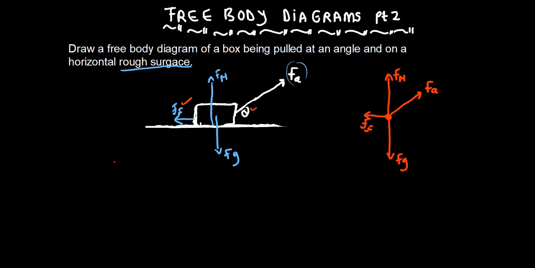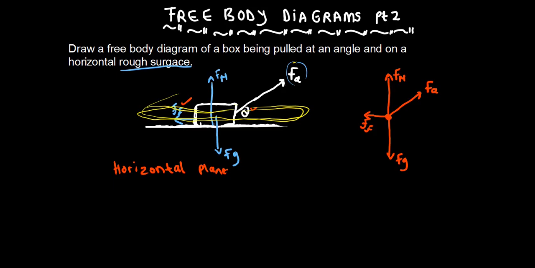Let's look at our horizontal plane. When we look at our net force on the horizontal plane, we'll be looking at the forces that are acting on this plane. Our horizontal forces are what?